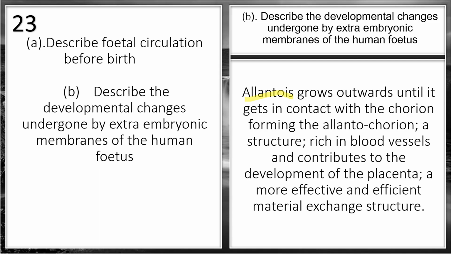The allantois grows outwards until it gets in contact with the chorion, forming the allantochorion, a structure rich in blood vessels, which contributes to the development of the placenta, a more effective and efficient material exchange structure.